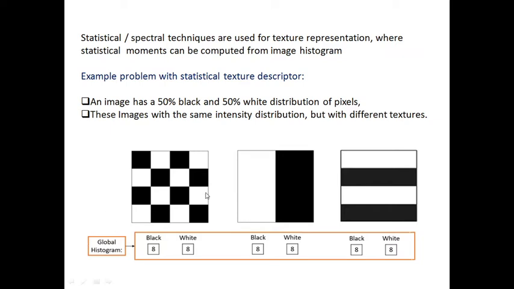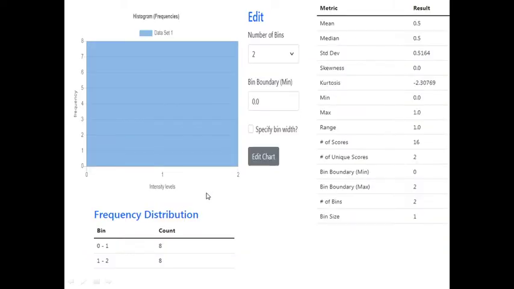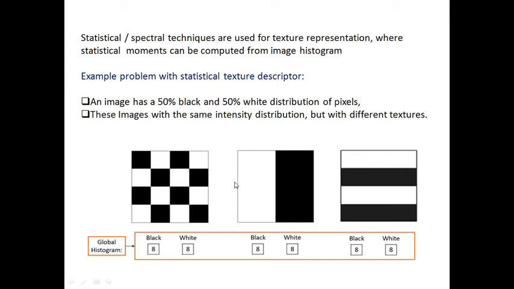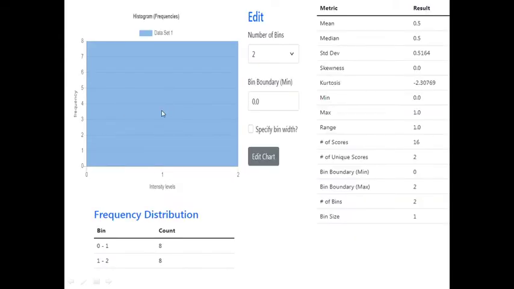A simple 1D histogram is constructed in this manner, but it is not useful in characterizing the texture. Why? Because as you can see in this figure, the three different images give me the same histogram, from which I can find metrics like mean, median, standard deviation, skewness, and number of bin size, and many other metrics.